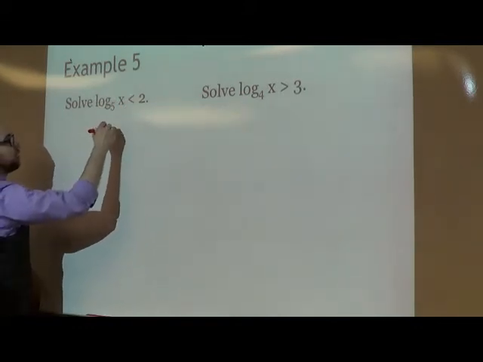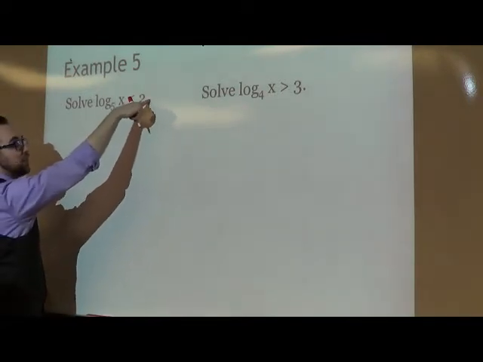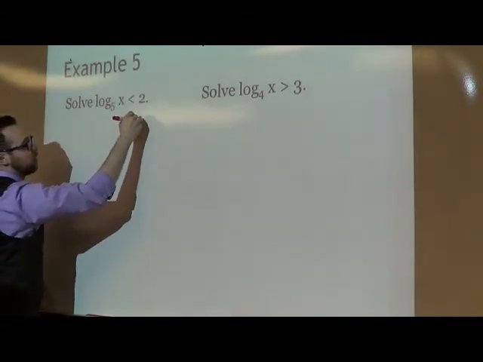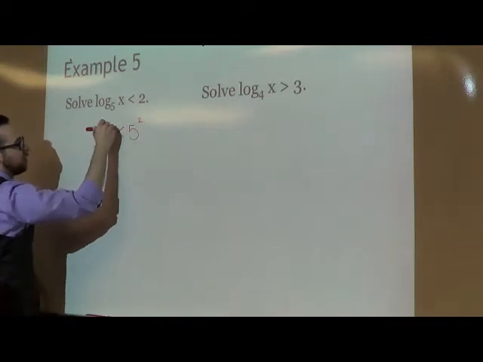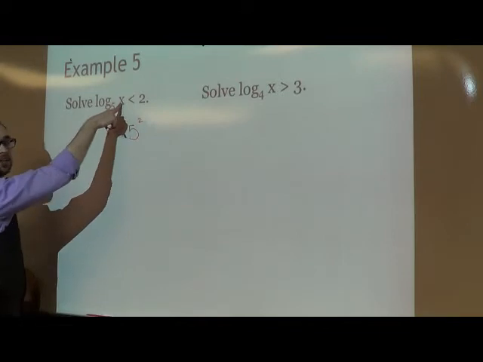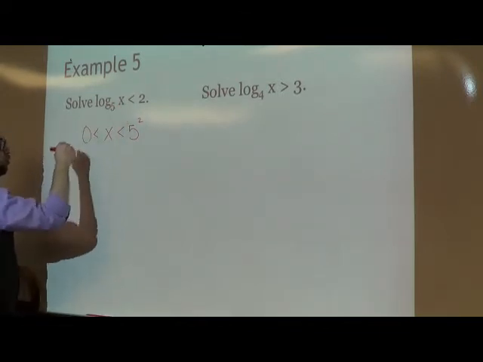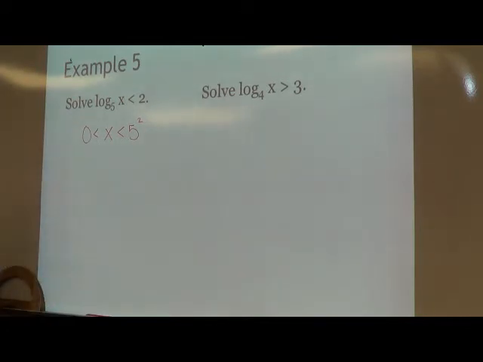So 5 squared, and the exponent stays on this side of it. So it's going to be 5 squared is greater than x. Just remember, base 5 squared equals x. So it's greater than. However, inside of there, we can never be 0 or negative.